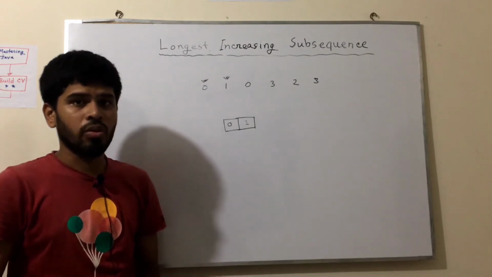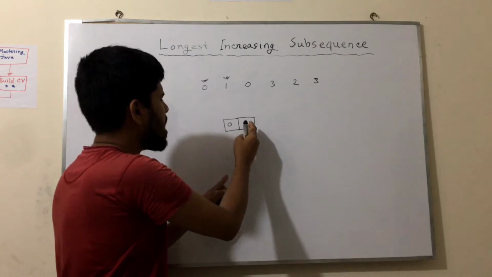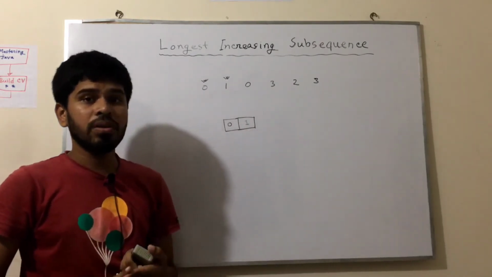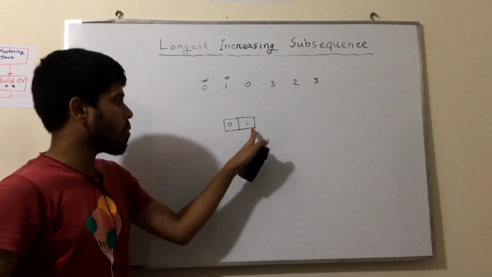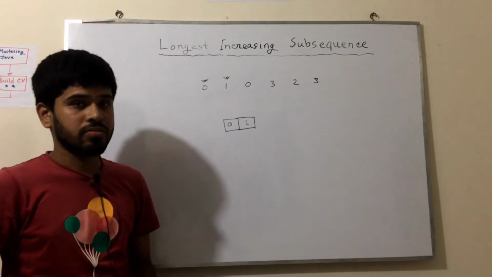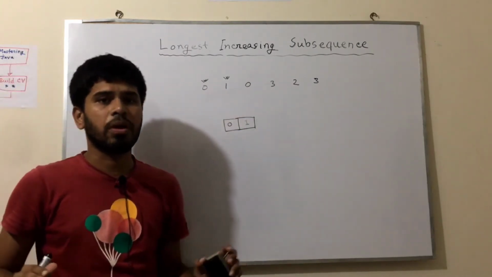We don't know. Just remember it. At this point we have 0 and 1, so nothing to worry about.